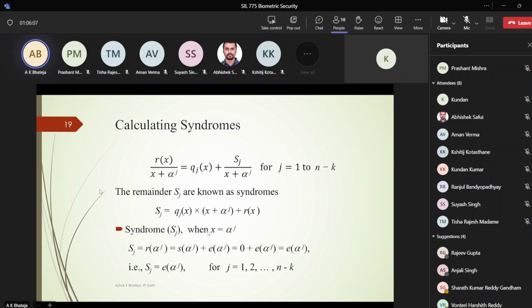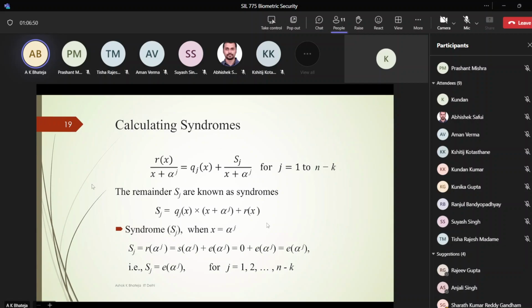If there is no error, its value will be equal to 0, because if g(x) divides R(x), every factor of g(x) will also divide R(x). If g(x) does not divide R(x) completely, at least one factor of g(x), maybe x plus alpha or x plus alpha squared or any other factor, will definitely not divide the polynomial that has been received. So we are finding that. S_j is equal to R of alpha to the power j.